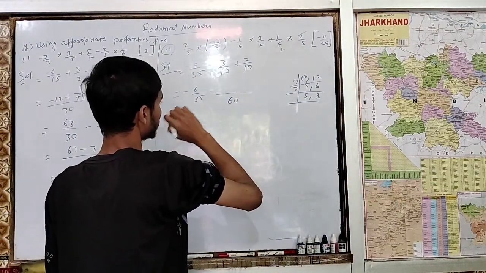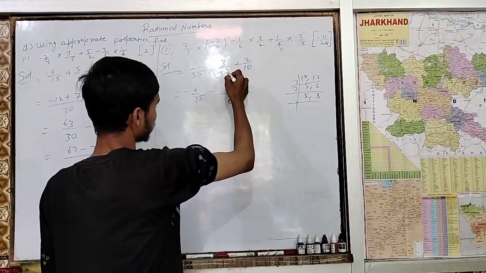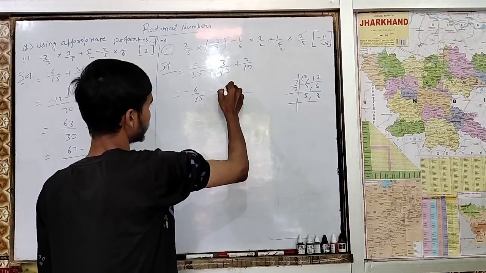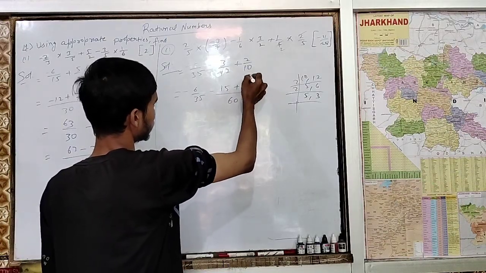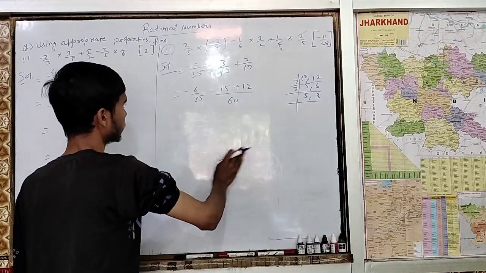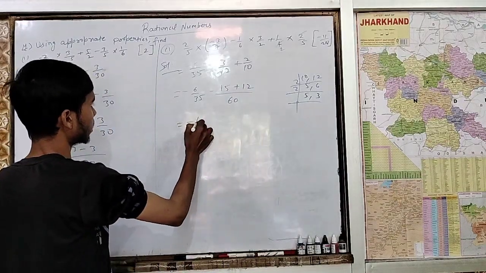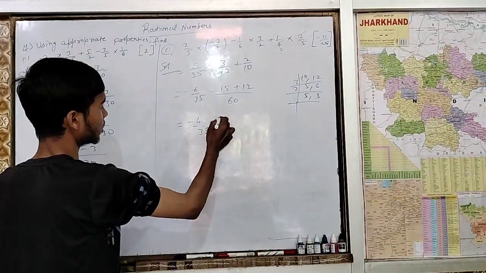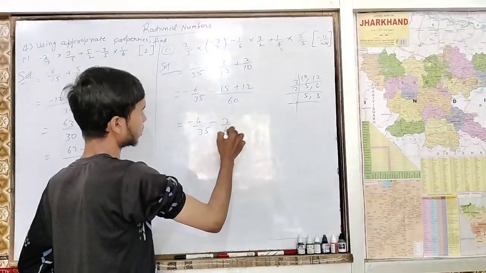It is becoming this much. 60. So 12 5s are, 3 5s are 50. Plus 10 6 are. So 12. It will become 12. Minus 6 upon 30, and it will give us minus 3 upon 60.